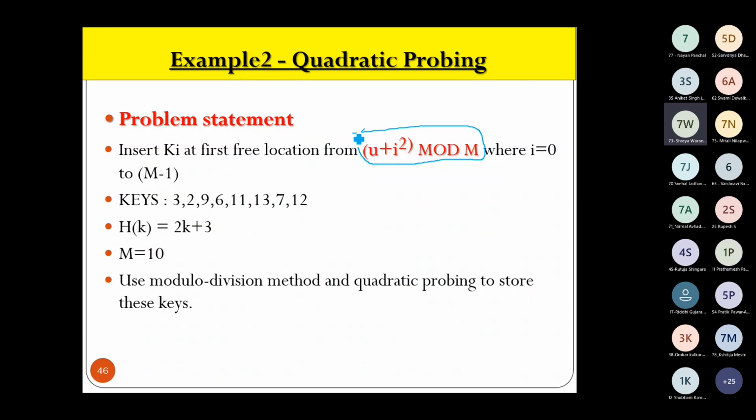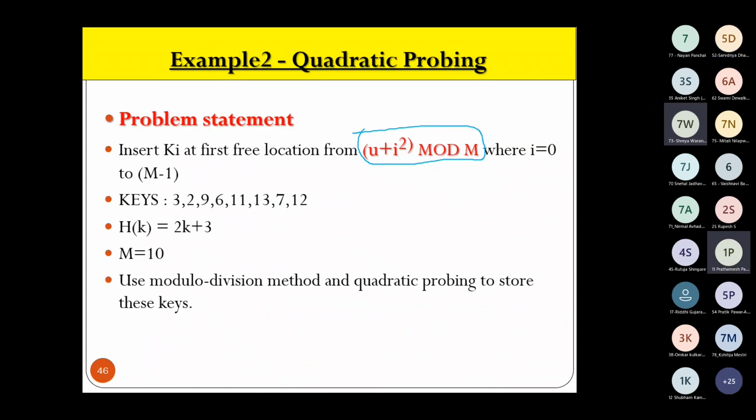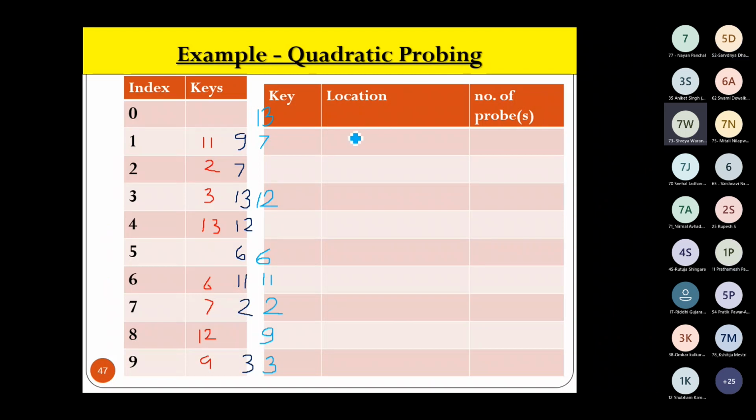Okay. So first we take 3, 2k plus 3. What is the result? 9.